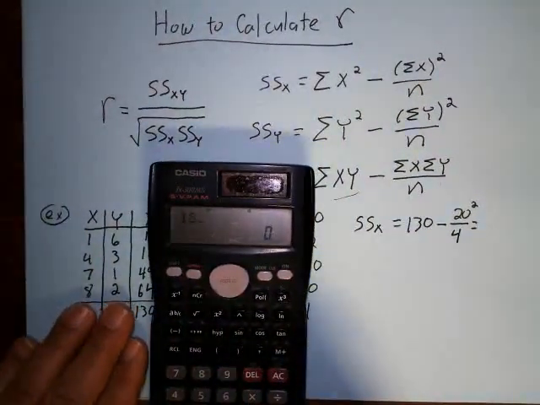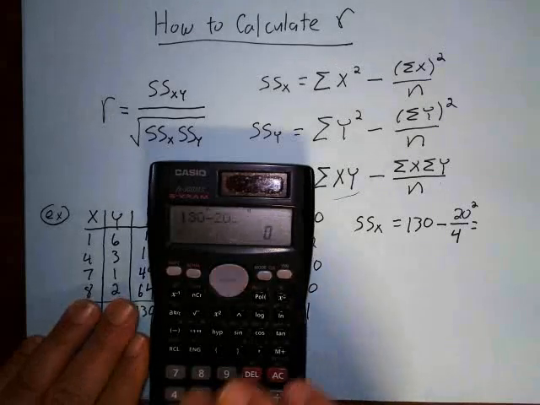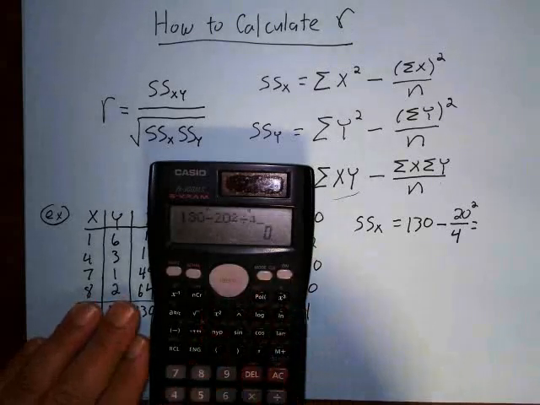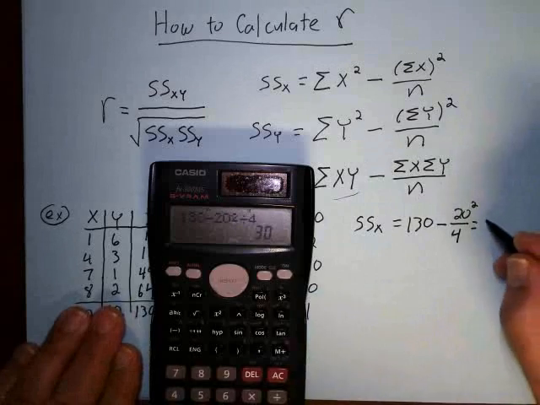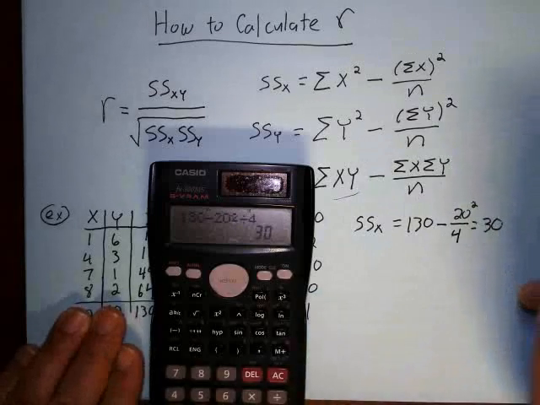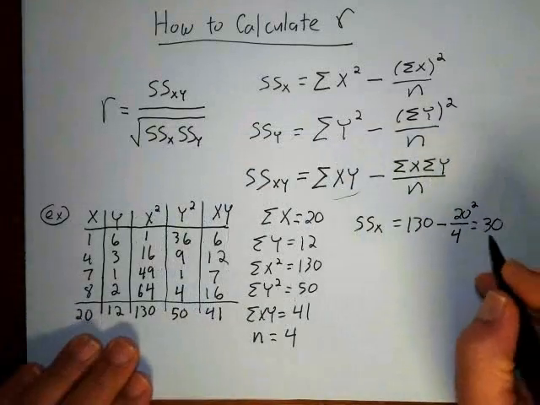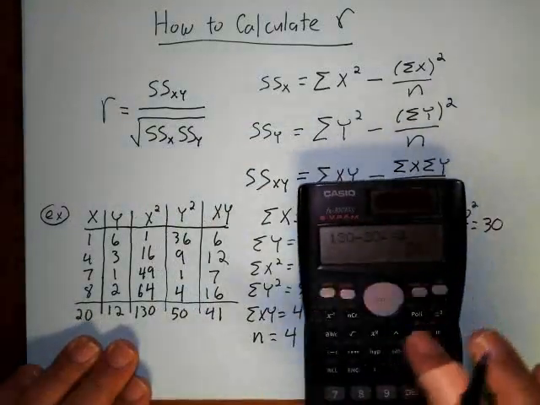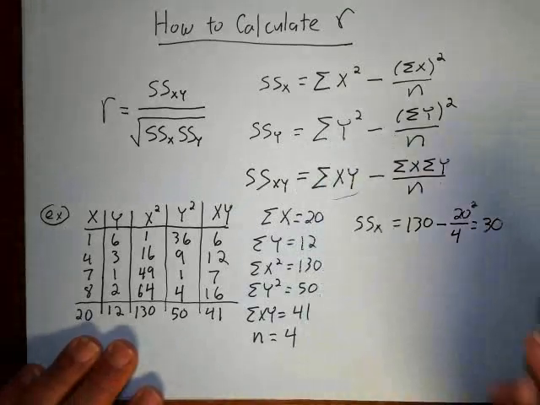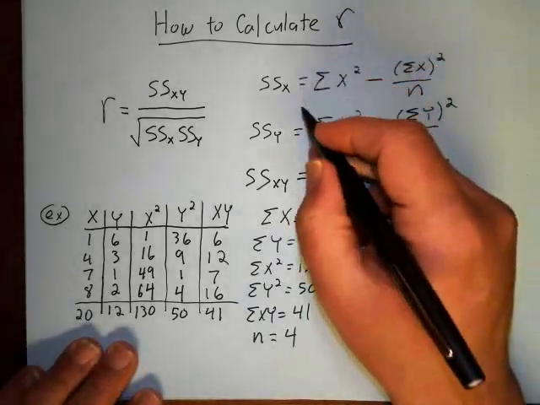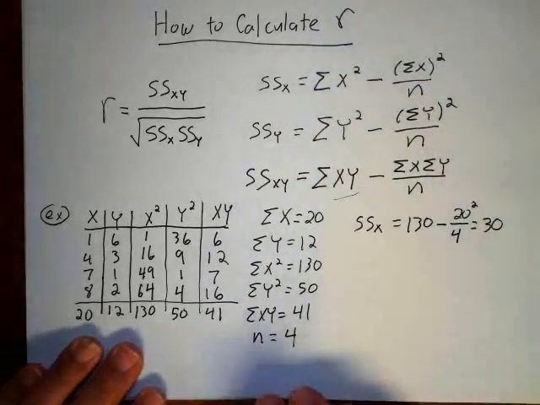So I'd get 130 minus 20 squared divided by 4, and this is going to be 30. Okay, and so if you were doing the standard deviation, you would then divide that by 3 and then take the square root. So this is the formula for getting that numerator.